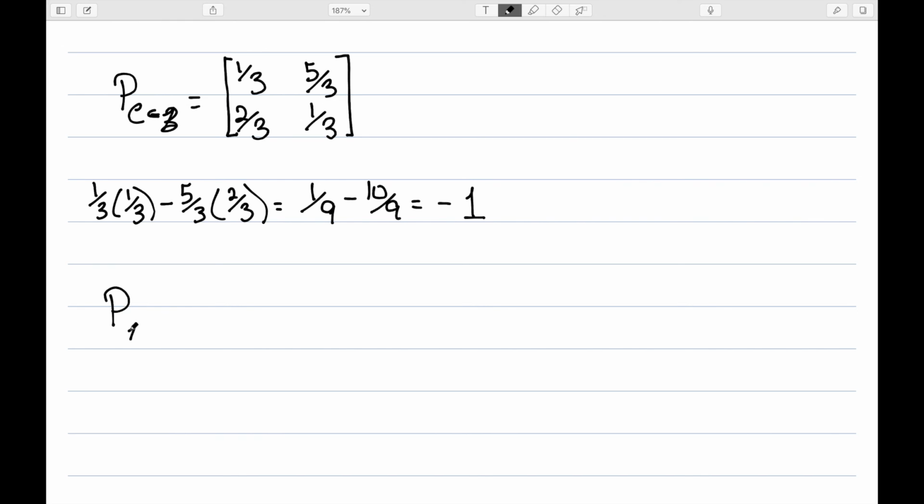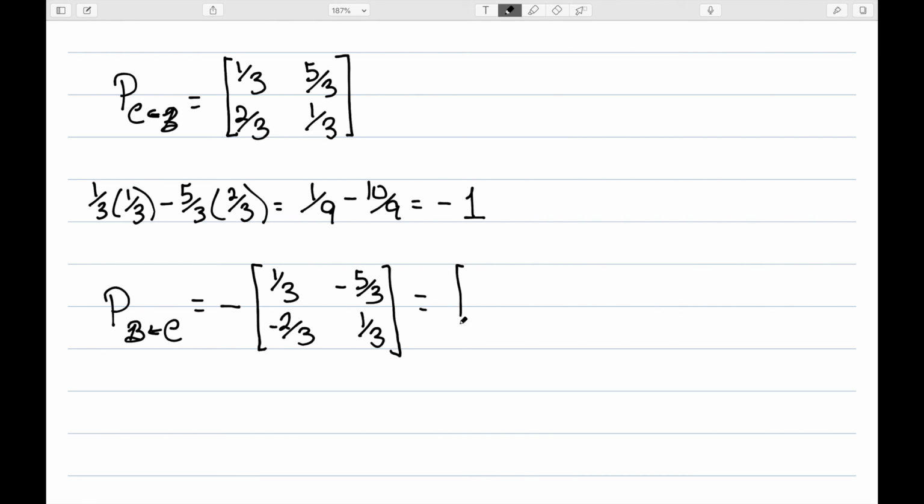So my matrix to go from C to B is going to be negative. We switch the elements on the diagonal. We change the sign of the other two. So multiplying the negative sign through, we have that the other change of coordinate matrix will be -1/3, 5/3, 2/3, and 1/3.